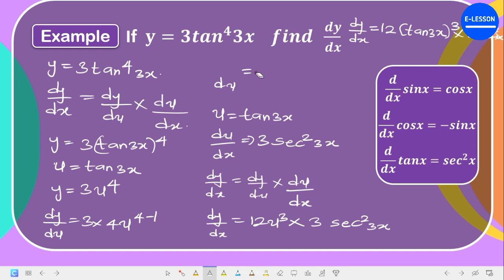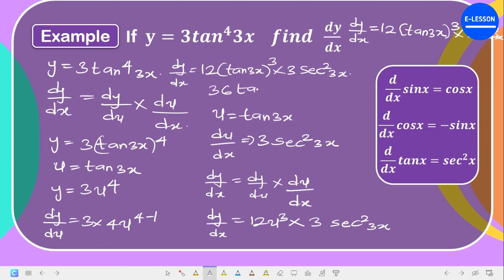Sorry to write it there. Let me write it where it will be visible. So this will be dy/dx is equals to 12, your u is tan 3x raised to the power of 3 times 3 sec square 3x. Now 3 times 12 is 36.